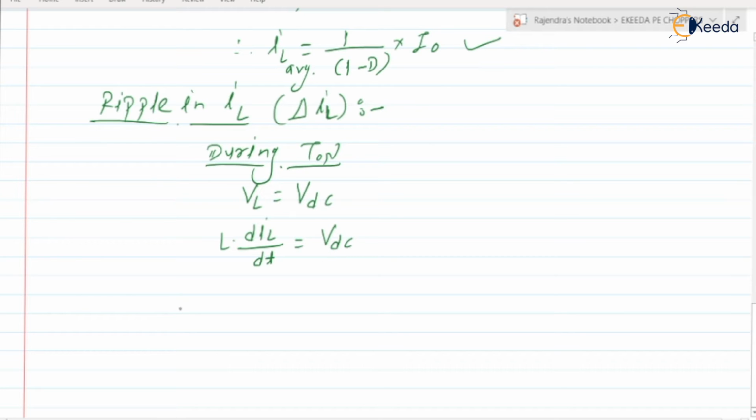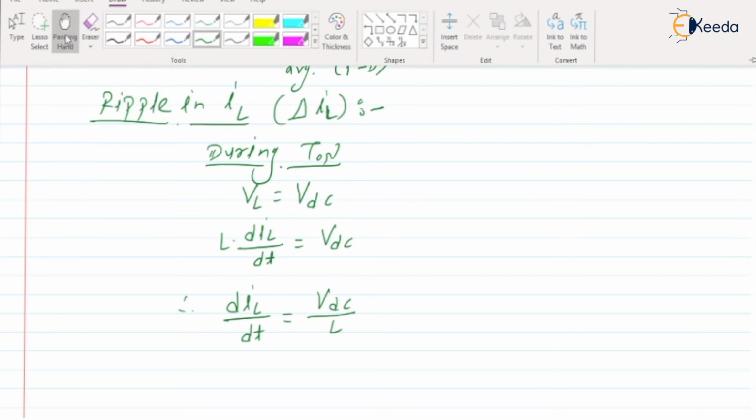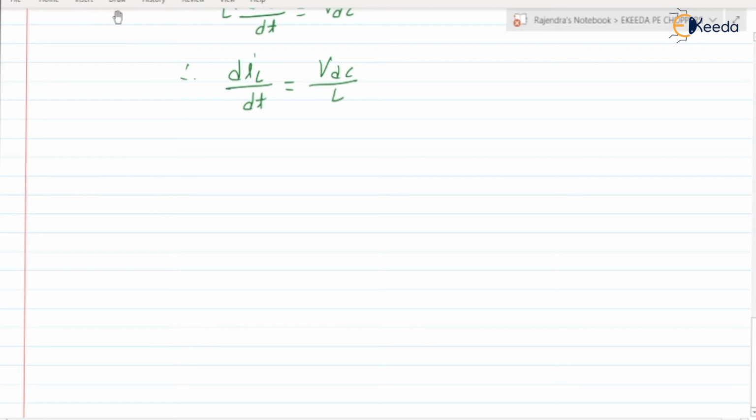From this, DIL by dt is nothing but VDC by L. What is DIL? It is the change in the inductor current. How is the inductor current changing? It goes from Imin to Imax.